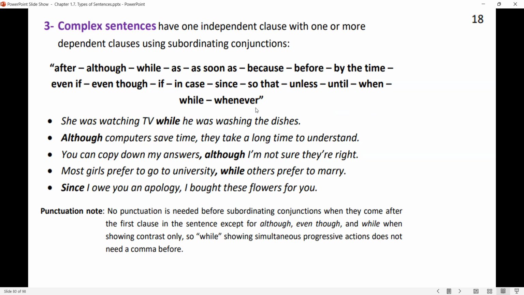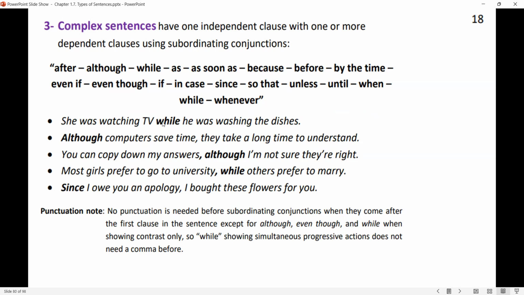We discussed most of them in class, so it should be easy for you to make a sentence using these conjunctions.